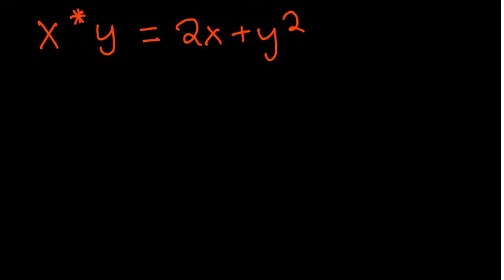Where x and y are integers, of course. Show that the binary operation is, show that it is a binary operation on a set of integers. Of course, I already explained that. So if you multiply that integer by 2, it will still be an integer. If you square an integer, it will still be an integer. So you add integers, you still get an integer. So it is a binary operation.